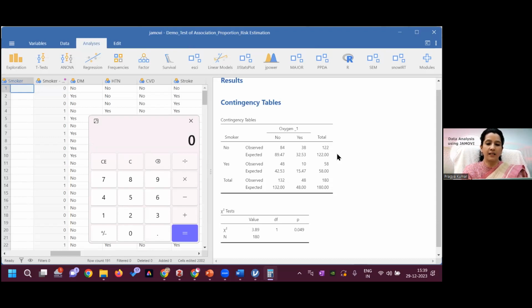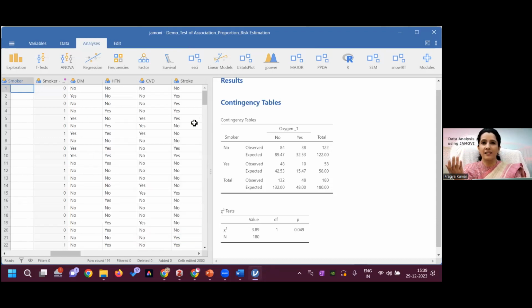Now, someone said that they don't see any rationale of using this expected. But no. The larger the difference between observed and expected, only then can you say that the null hypothesis is not true. Whatever you are expecting overall, if you are not finding the same, because observed you can see here is 48, expected is 42, observed is 10, expected is 15.